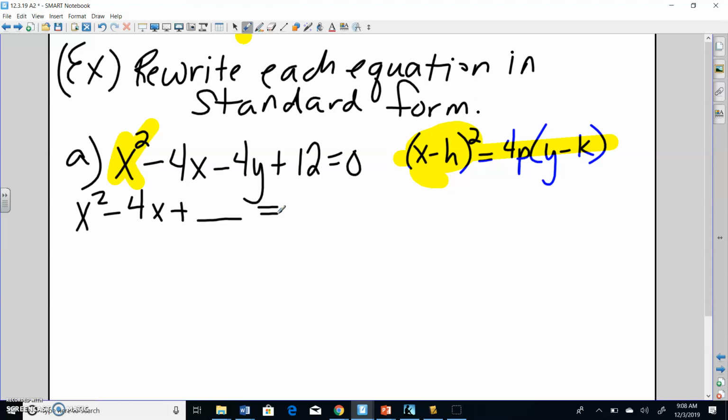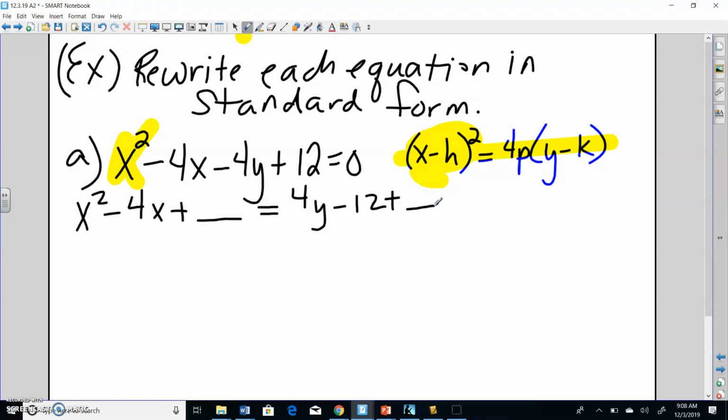So that would involve adding 4y and subtracting 12. I'm not going to show that step. I'm just going to show that I have now 4y minus 12 on the right, and I will have to add a value, whatever I use to complete the square there. So I added the 4y, subtracted the 12 over. That's how it's 4y minus 12 on the right.